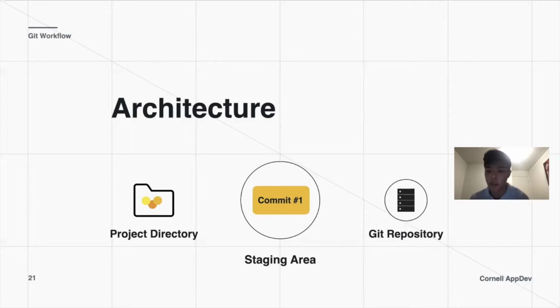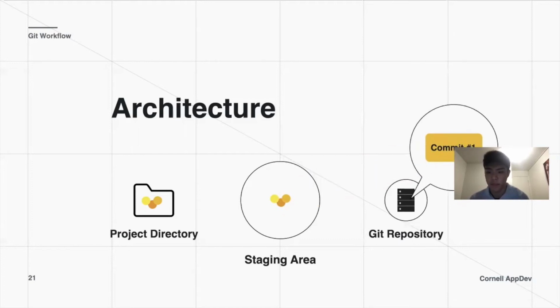Note that a commit shouldn't be too small and it shouldn't be too large. So you shouldn't have a commit that's just a 1-line deletion, but you shouldn't have a commit that's implementing a whole feature. And then once you're sure that this is the commit you'd like to push, we can push it to our Git repository. This counts as a commit, and this counts as a bundle of changes, and it gets recorded into our history log.